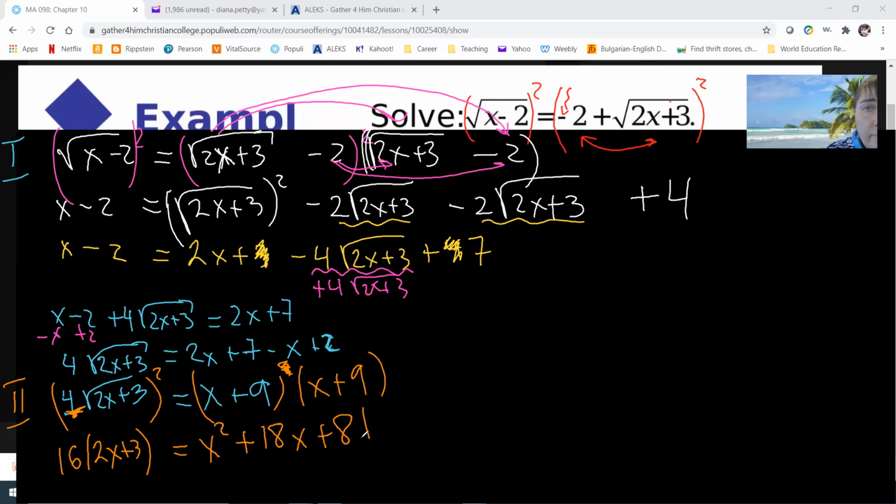So then, we're going to distribute this 16, right? So we're going to get 32x plus 16 times 3, which is 48, right? Equals x squared plus 18x plus 81.